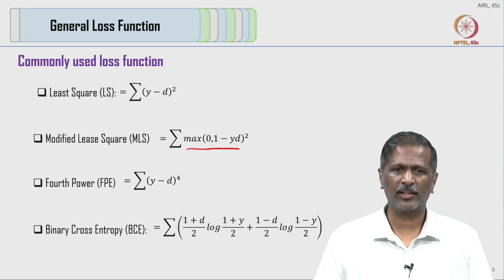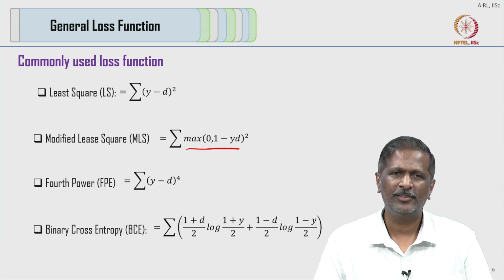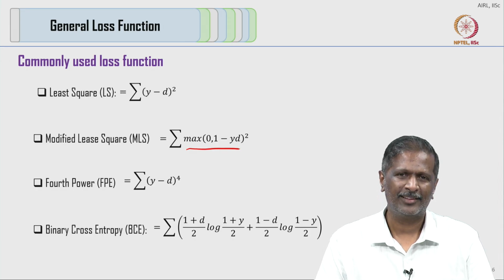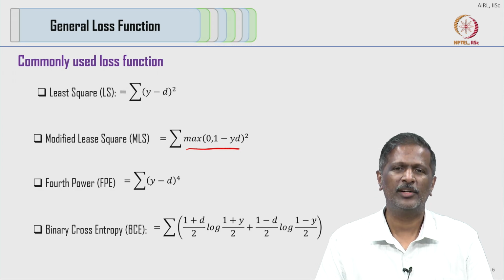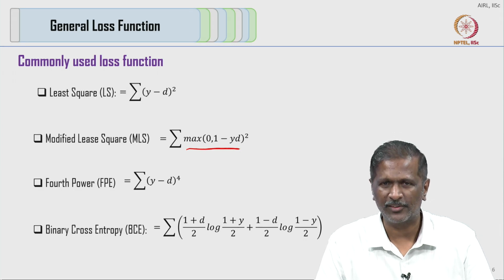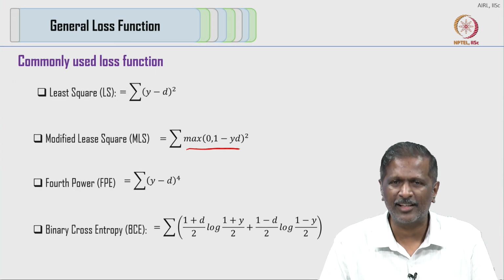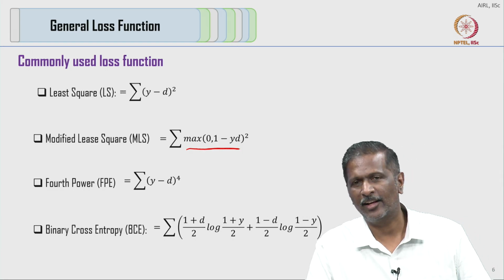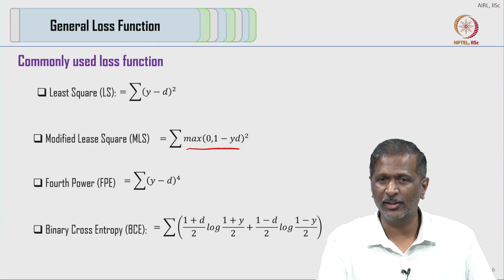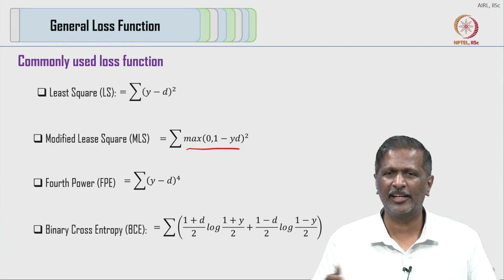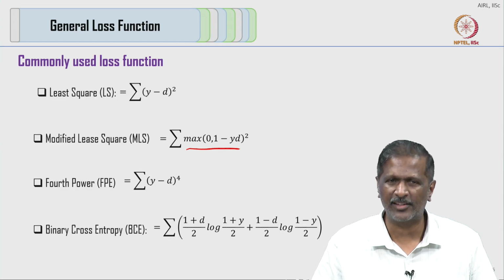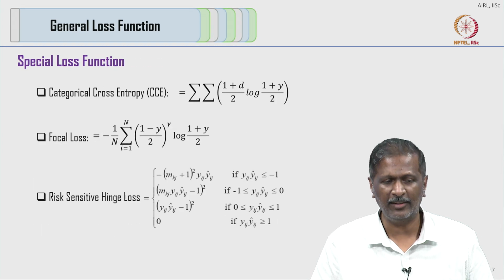So I can use the cross entropy also to find the true classifier, or estimate the true function, or approximate the decision surface for a given training data and a model. I can use any one of these 4 loss functions, use the gradient with these loss functions, and update my weights.